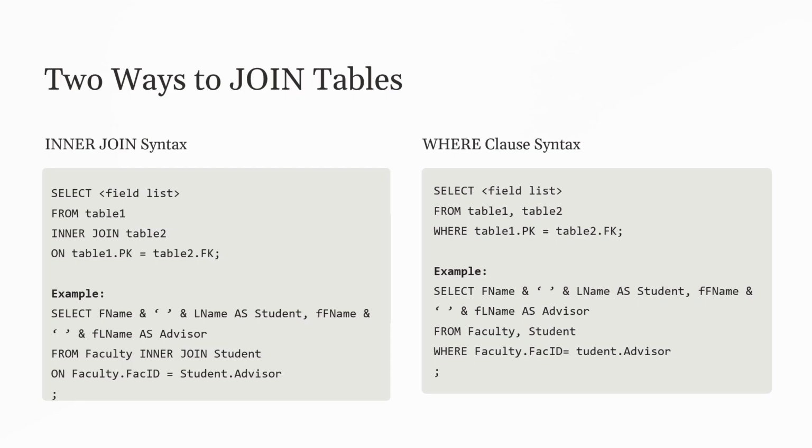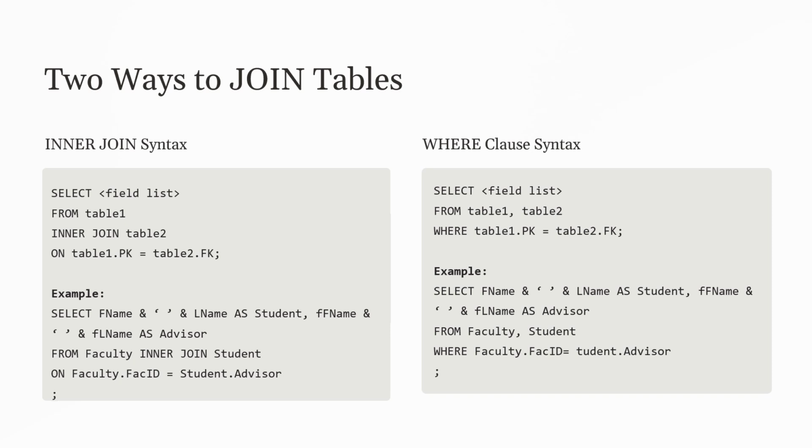So there are two ways to do the inner join. Number one is to use the join keyword to explicitly define relationships. It's more readable and structured for complex queries. The syntax will be: select field list from table 1 inner join table 2 on table 1's primary key equals table 2's foreign key.